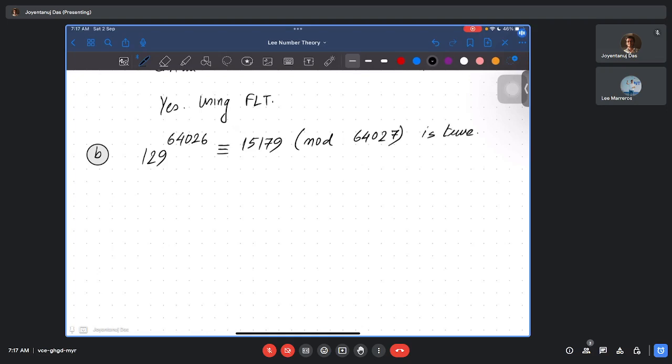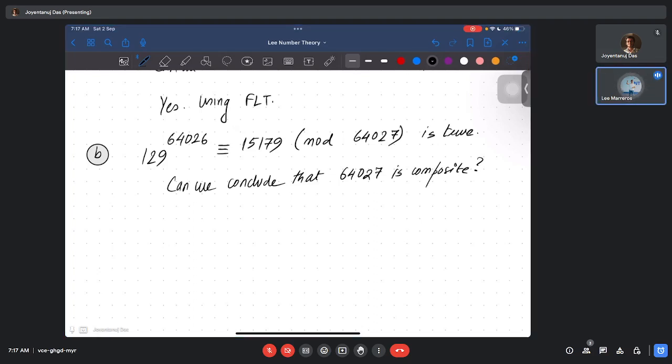Then can we conclude that this is composite? Yes, the same thing as before. Think about it.